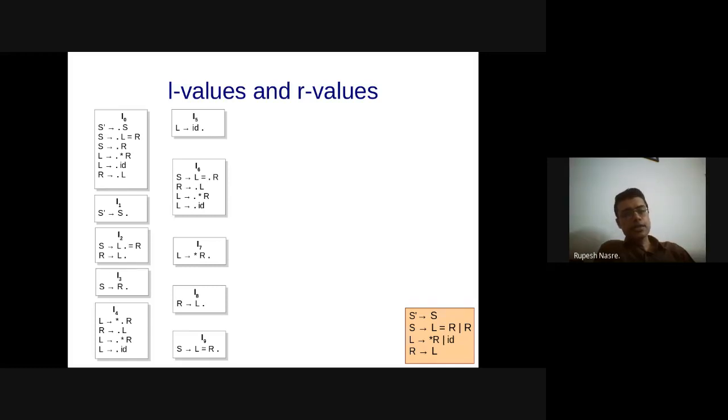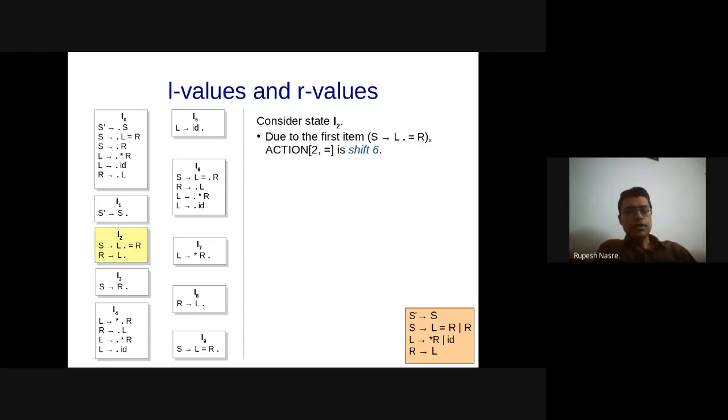So there will be S6 as well as a reduce, R5. So S6 and R5 should appear in the same entry in this predictive parsing table. In case that happens, that is going to be a shift reduce conflict.